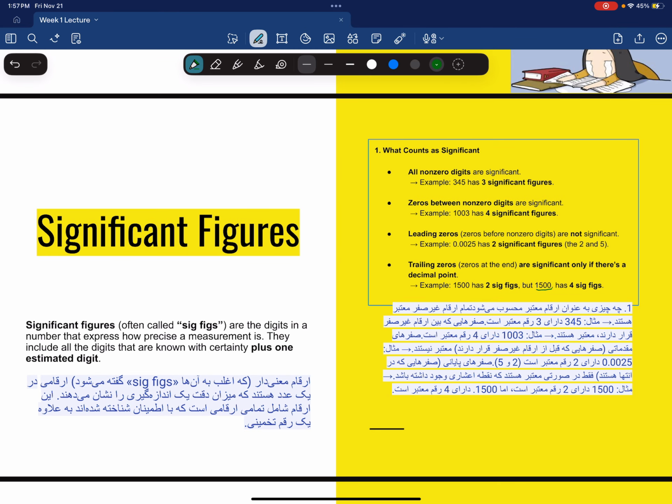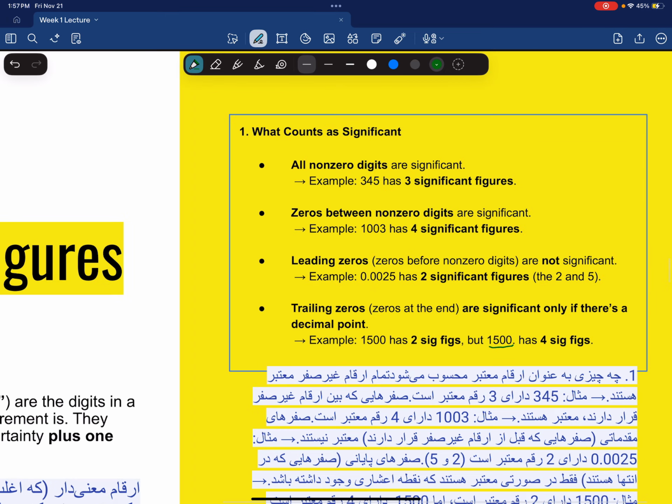So there are going to be 4 rules for significant figures. The first rule is any number that's not a 0 is going to be significant. So we have a number like 345. Because all these numbers are not 0, they're going to be significant.